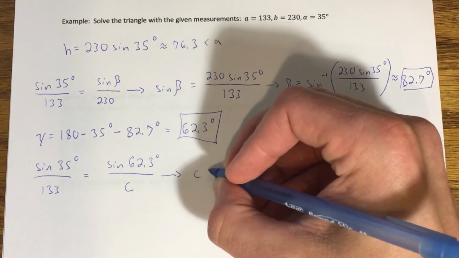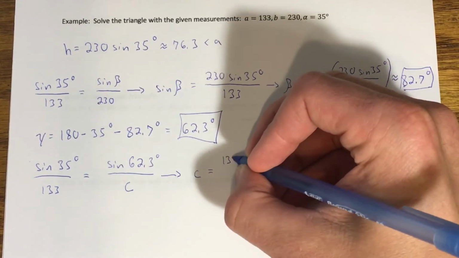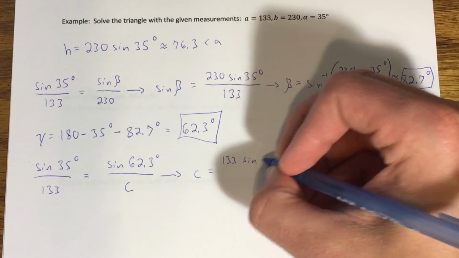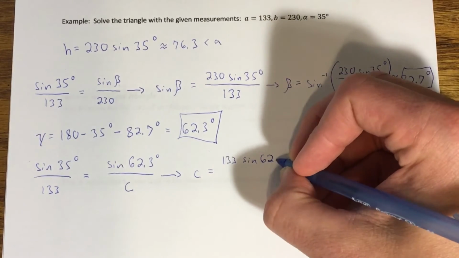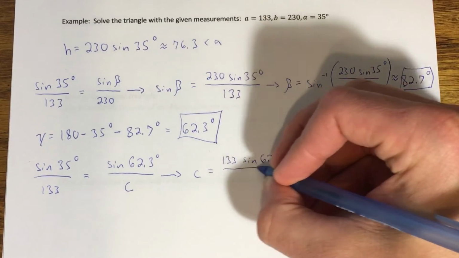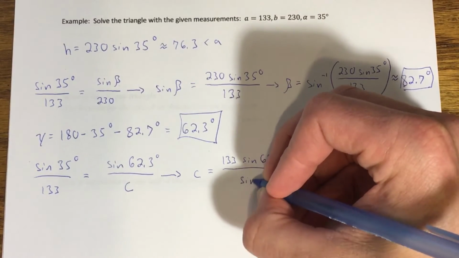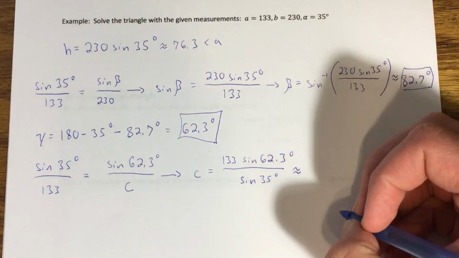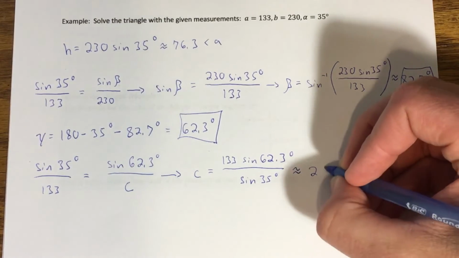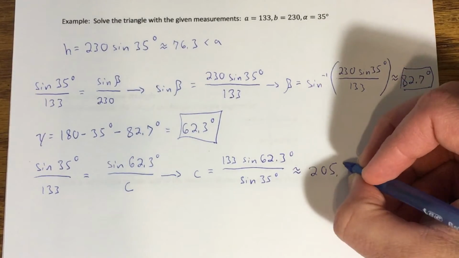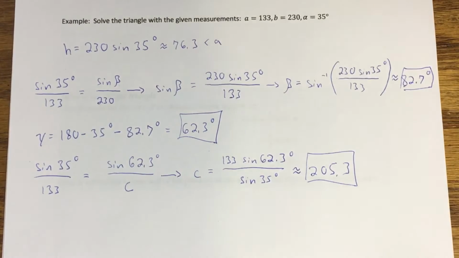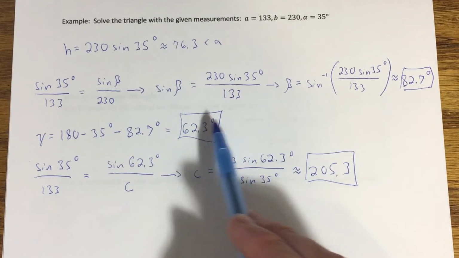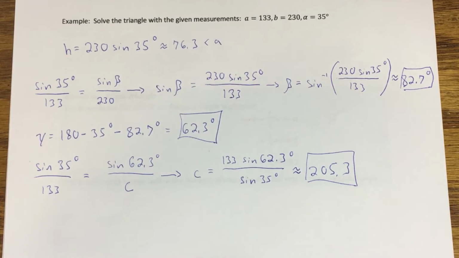Okay? c then is going to equal 133 sine of 62.3 degrees over sine of 35 degrees. Put that into a calculator and we get approximately 205.3.